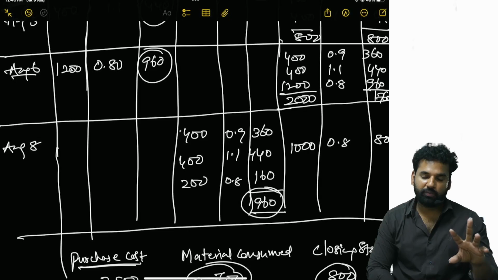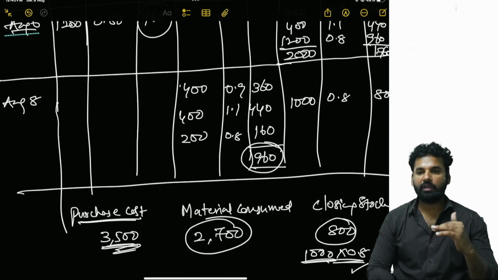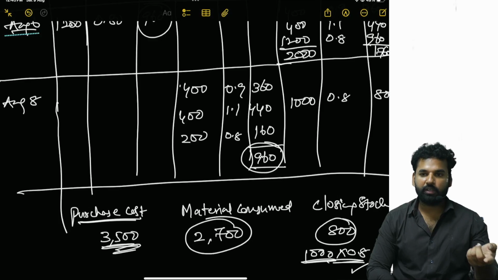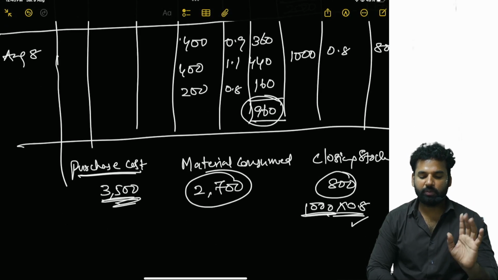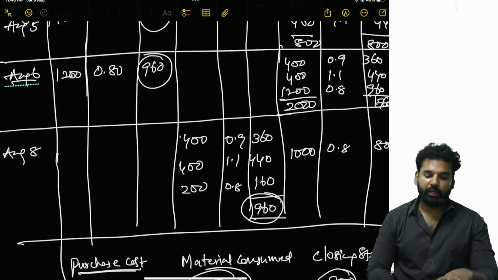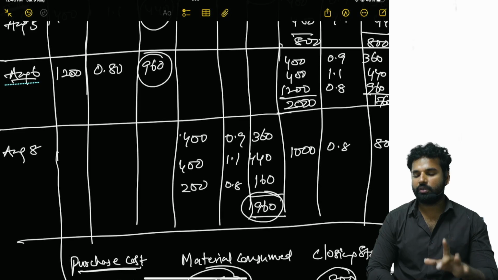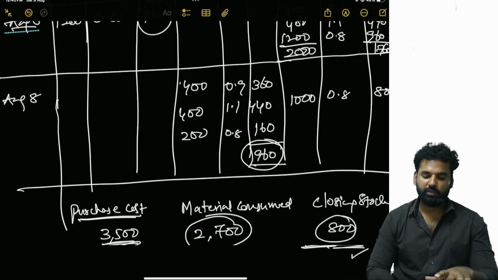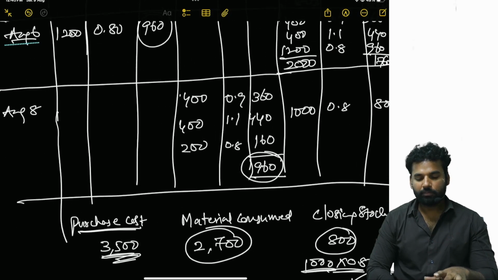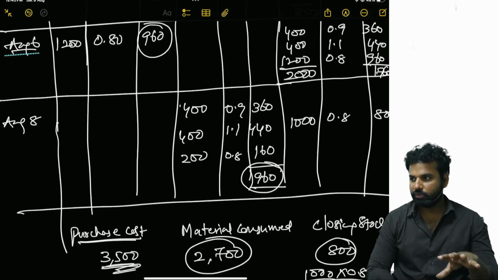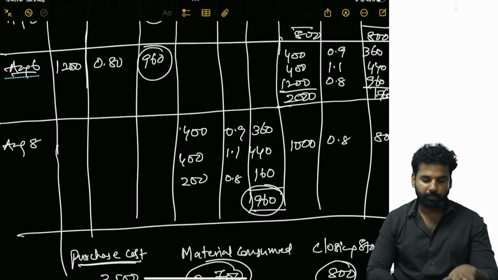That's why if you use LIFO, there will be a different closing stock and different material consumed. Purchase cost will be the same in both cases, and the number of units in closing stock will be the same, but the closing stock value will change. You got this? Okay, for this type of question, this is the standard format which we should use.